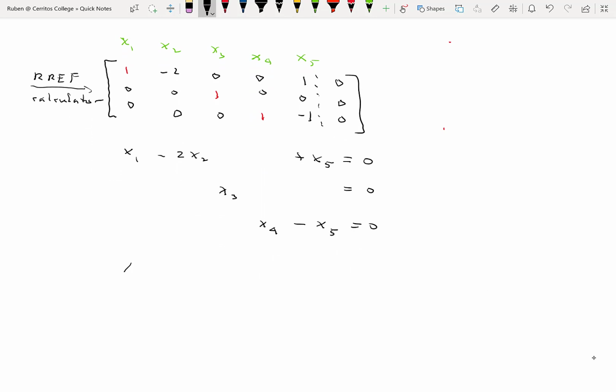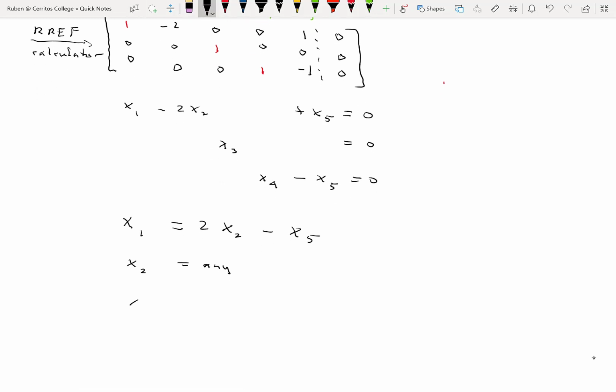Solving the first equation for our first dependent variable, x1 will equal 2x2 minus x5. The second column doesn't contain a leading one, so x2 is a free variable. So x2 can equal any number. x3 is 0. x4 corresponds to a leading one and equals x5.